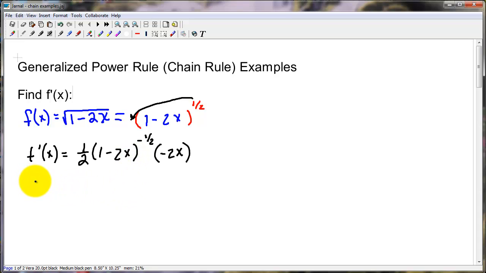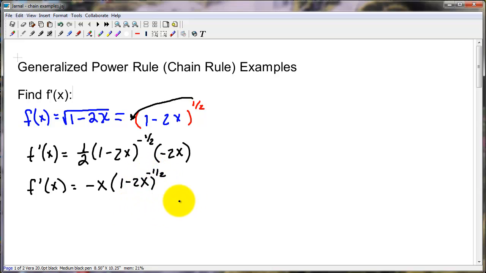Now all we're going to do is do some simplification. So this is a constant. We have times something and times something else. Multiplication is commutative, so we can multiply this 1/2 times this -2. So we get -1, and x, so -1x. And then I have 1 minus 2x to the -1/2 power.